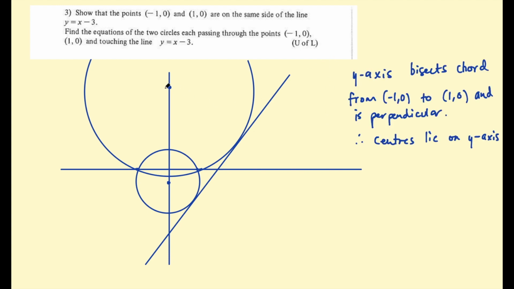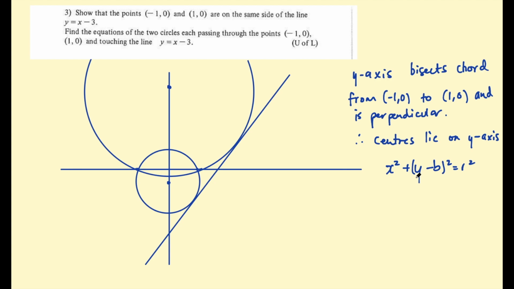Okay, so we know the centers are on the y-axis. In other words, the x-coordinate of both centers is 0. And so we already know the equations of the circles will be x squared plus (y take something) squared equals r squared. Okay, so that's the form those equations will take.